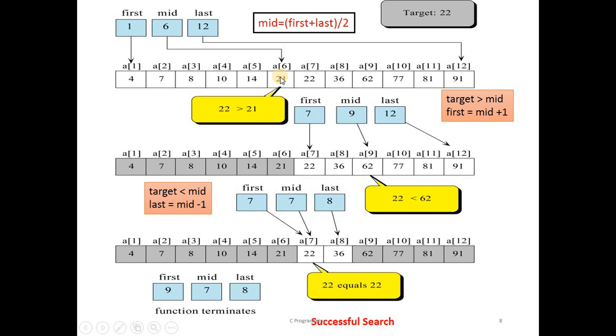So again I will check whether my key value is larger than or lesser than this middle position value. My key is 22, and 22 is larger than this middle value 21. So again the search will be made in the right half of the array.